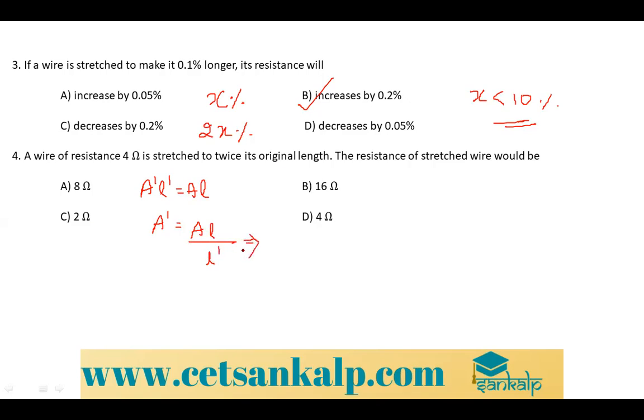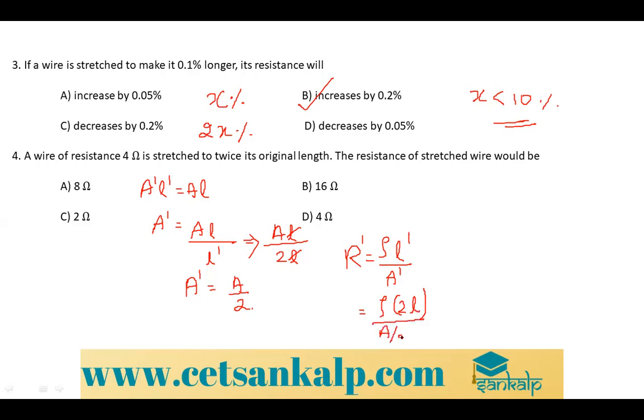But as they've given, L dash is twice its original, so I can write it as AL divided by 2L. L and L get cancelled. So A dash is equal to A by 2. Now we have the new resistance. So R dash is equal to rho L dash divided by A dash. So rho into 2L, twice its original length, divided by A by 2.